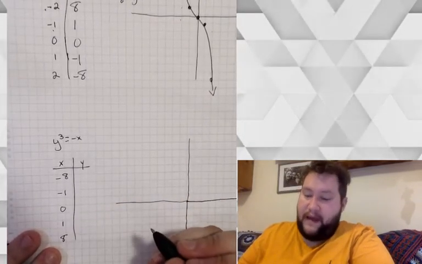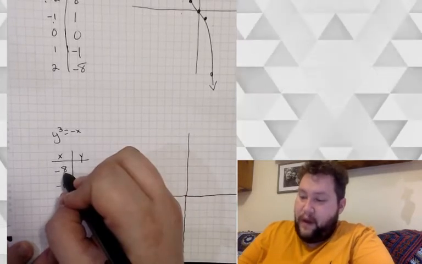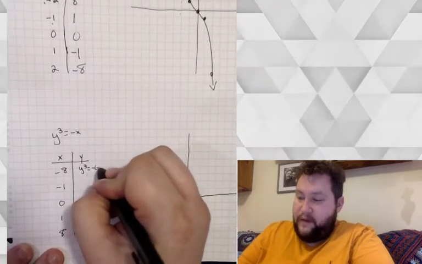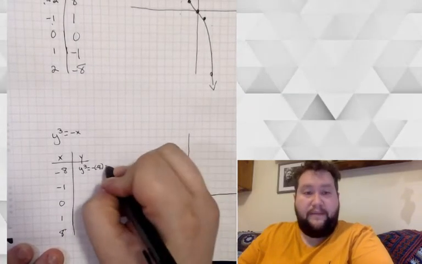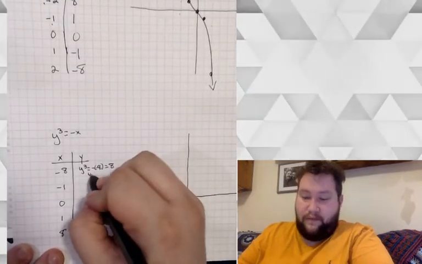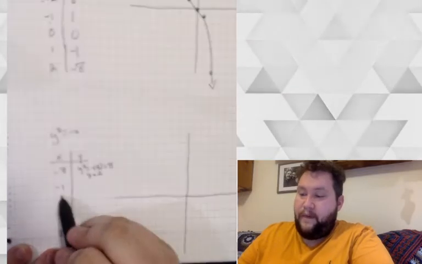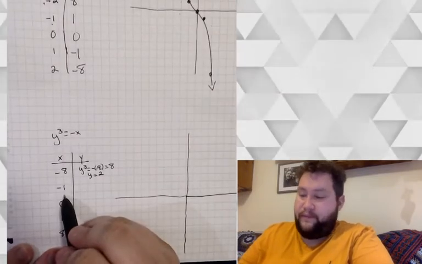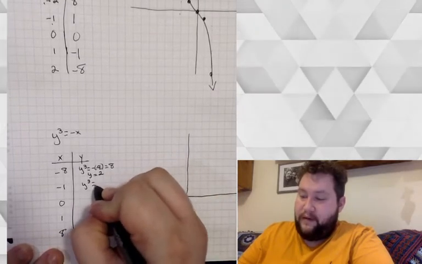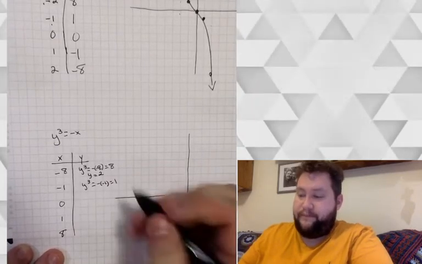And so when I have x equals negative 8, we get y cubed equals negative negative 8. So y cubed equals 8. So y equals 2. And at negative 1, y cubed equals negative negative 1. Y cubed equals 1, so y equals 1.